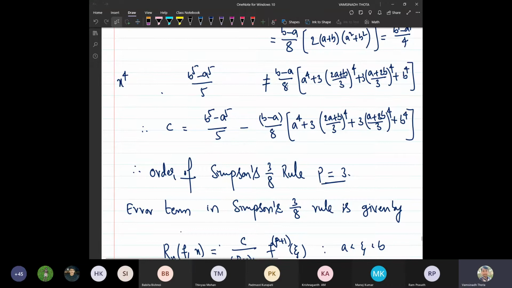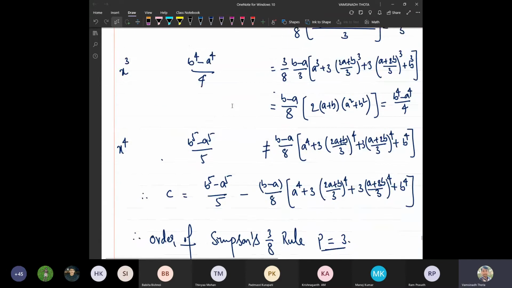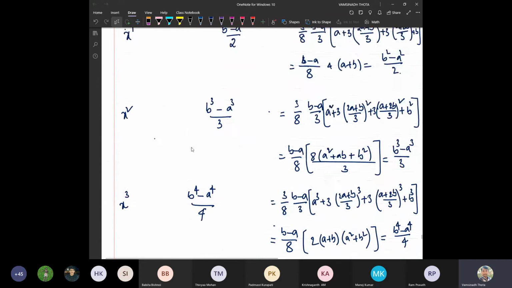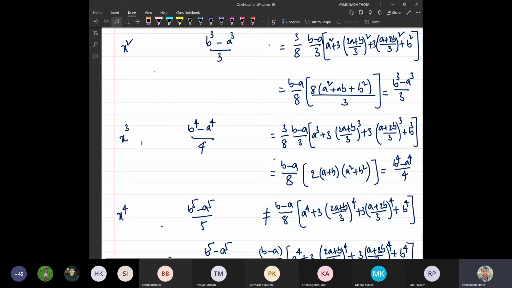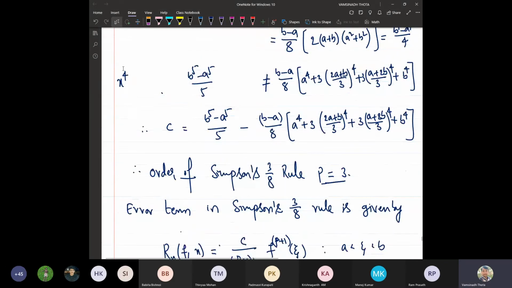So at this point what we can say is that for polynomials of degree up to 3, Simpson's 3/8 rule is providing exact results, whereas for polynomials of degree 4 there is an error.